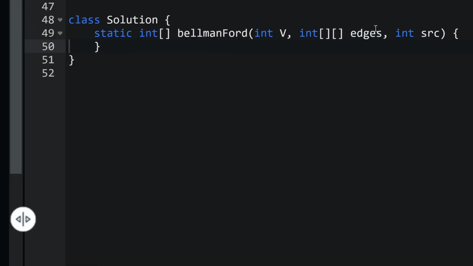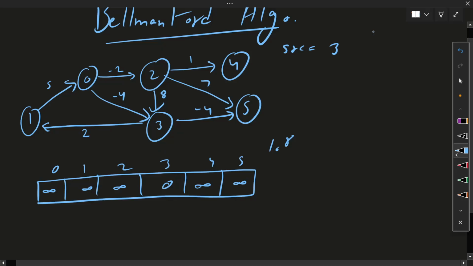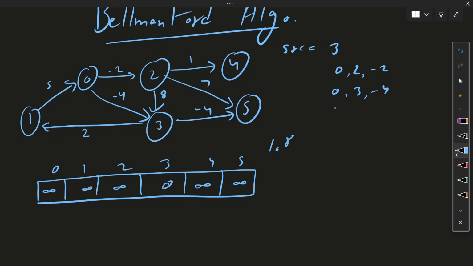We are getting edges. So Bellman-Ford will work on edges, not on an adjacency list. Let me write the edges here. You can skip this part if you don't want to see it. So 0 to 2 with -2, 0 to 3 with -4.